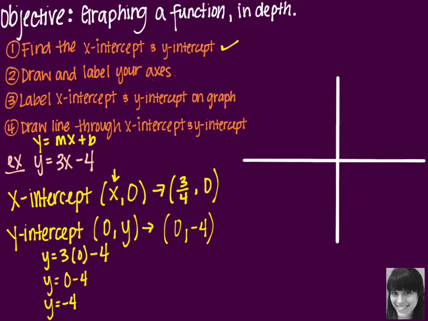And first I'm going to label this one as y and this one as x, just so I don't get confused. And then I'm going to make my little, I call them ticks, just little measures. I don't have a ruler and I don't have graph paper on this thing, so I'm trying to do as evenly as possible, okay? Which is what you should do as well.